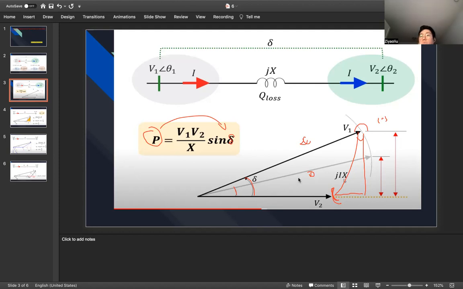If we add more angle in sine delta, P moves from the largest magnitude to the downside. P is related to this angle. You know what I mean? Then it's more clear.